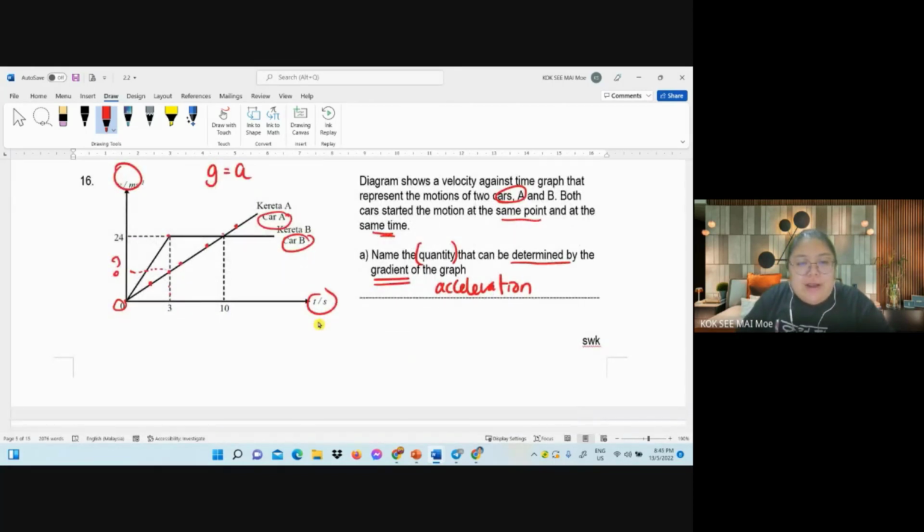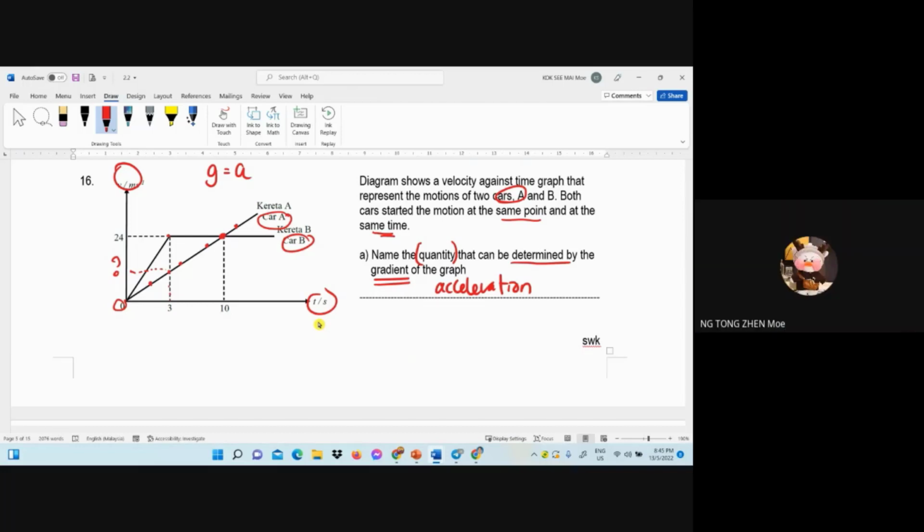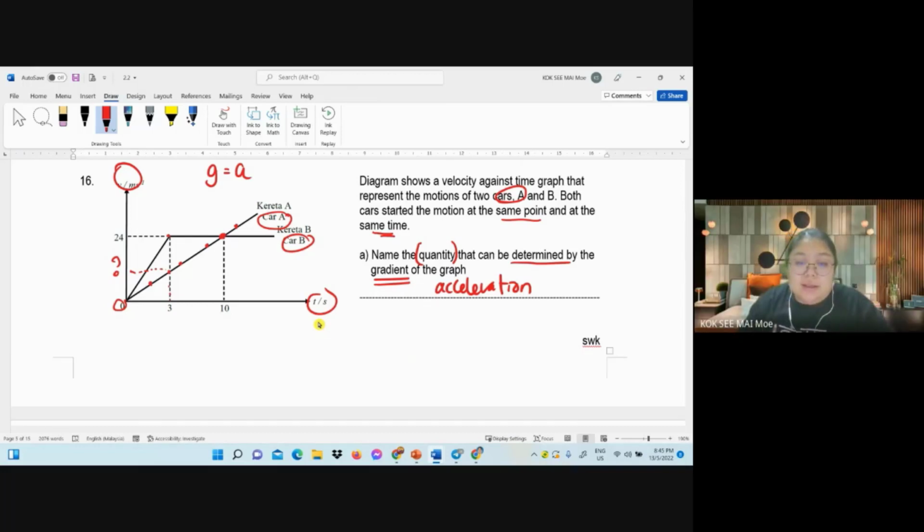If I find it at 10 seconds, is it correct or not? Is it the same? If I find it at 10 seconds instead of 3 seconds, the answer is the same. Is it the same? Yes, teacher. Yes, because it is a straight line, so whichever point you use, the gradient is the same. Unless it's like this, no, then it cannot.